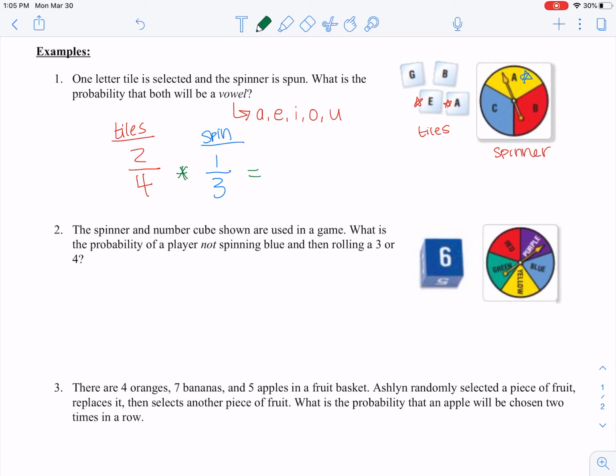So 2 times 1 is 2. 4 times 3 is 12. So we have 2 over 12. That can be simplified because they're both even numbers, 1 over 6. So our final answer is going to be 1 over 6. Make sure you simplify and reduce your fractions.